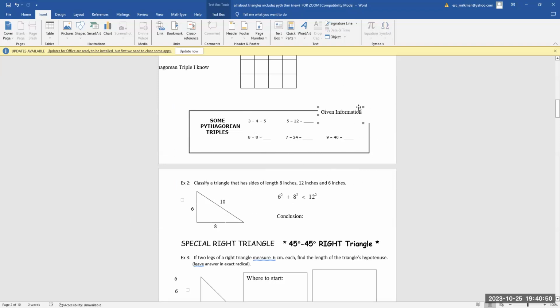Well, if I do try to take 6 squared plus 8 squared, I know that's going to be 10 squared. That's going to be 100. And that is smaller than 12 squared, which was given to me to be perhaps the longest side, which is not the hypotenuse. And since this is larger than that, our conclusion is that this angle must open wider than 10, because 10 makes it the right triangle.